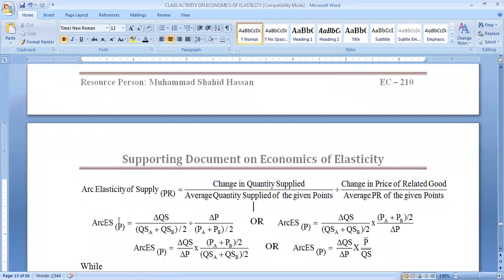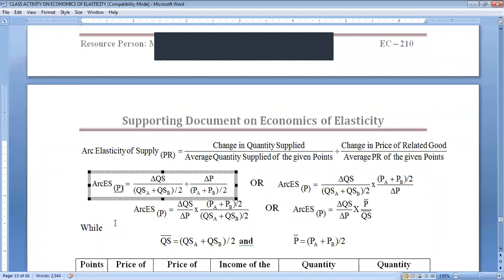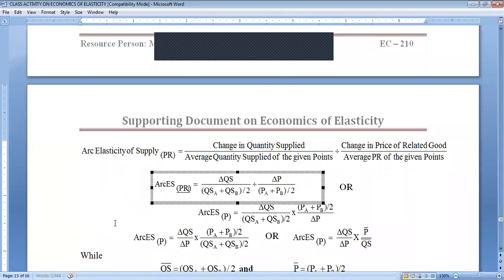Then it can further be written as arc elasticity of supply with respect to price of related good equals delta QS over average quantity supplied given at 2 points divided by delta PR over average price of related good at the given points.